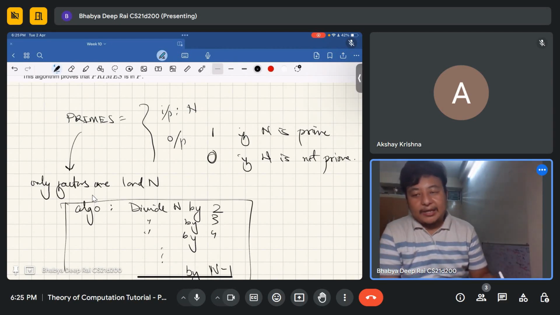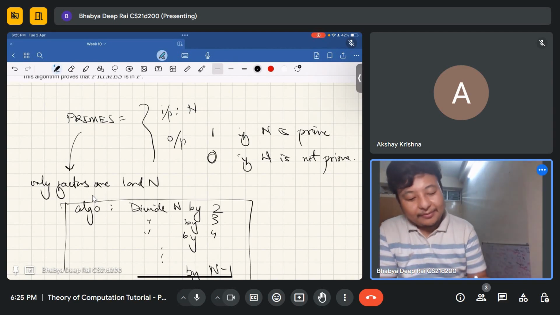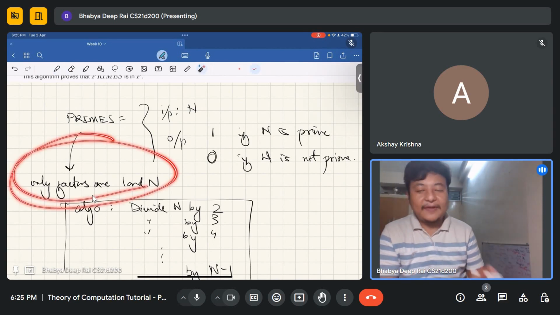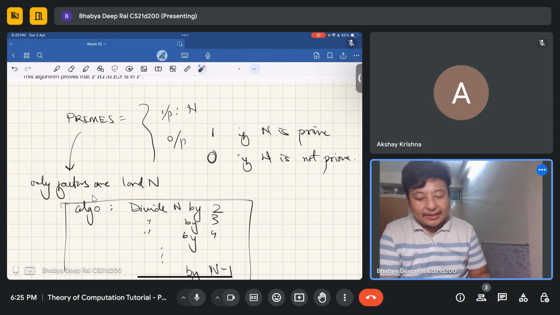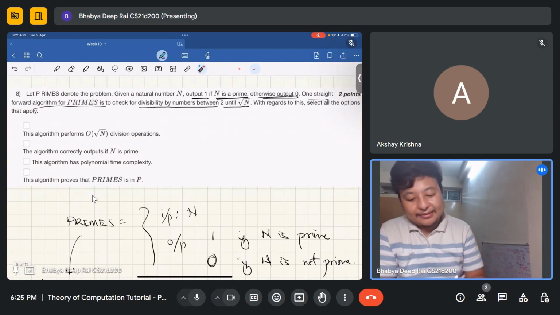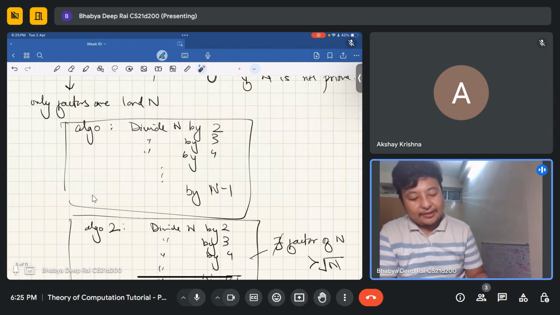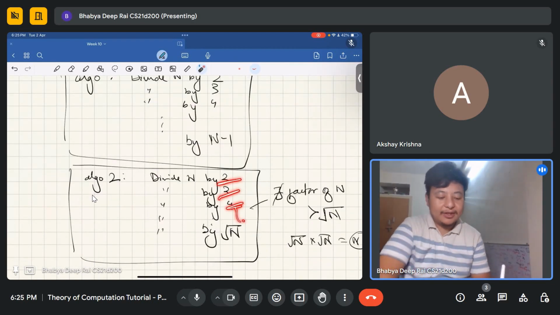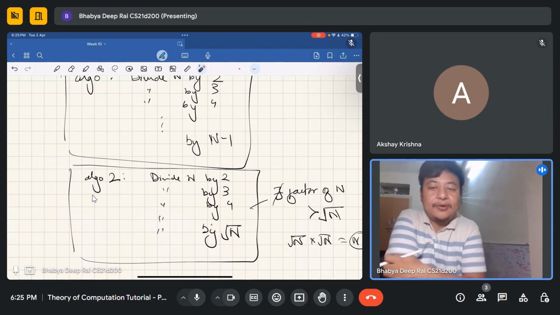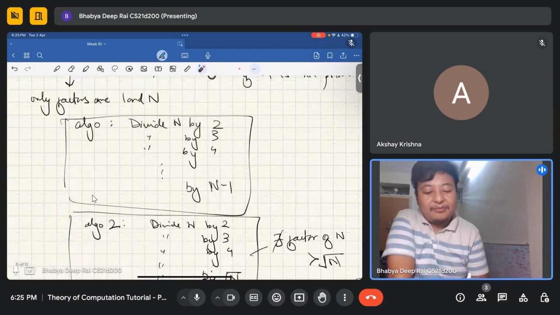Now, what is a prime number? A prime number is a number whose only factors are 1 and n. What this question is saying is, you divide by 2, you divide by 3, you divide by 4 until root n. So this is a normal high school method. A simpler algorithm obviously is to divide by 2, 3, 4, 5, 6, 7 until n minus 1, and if none of them divide the number, then the number is prime.